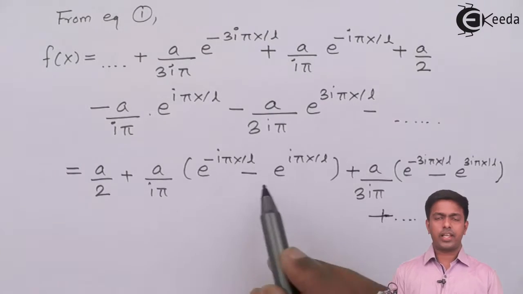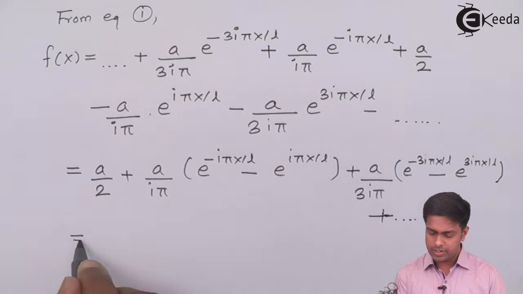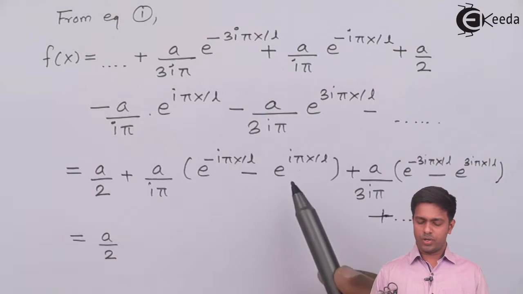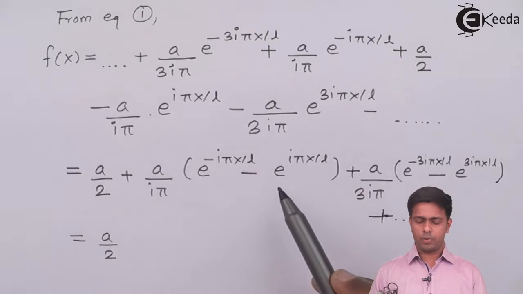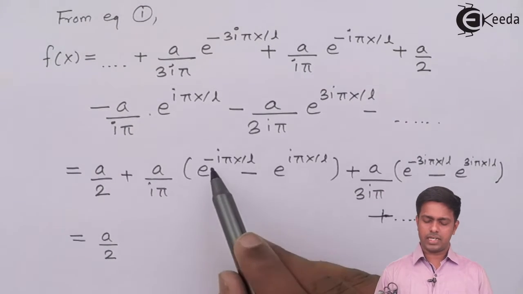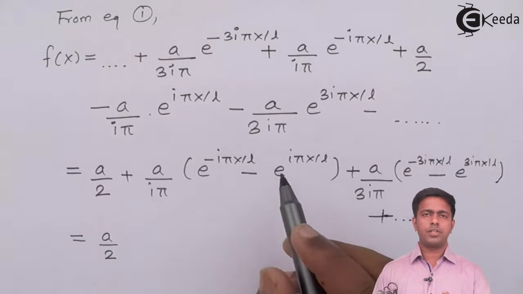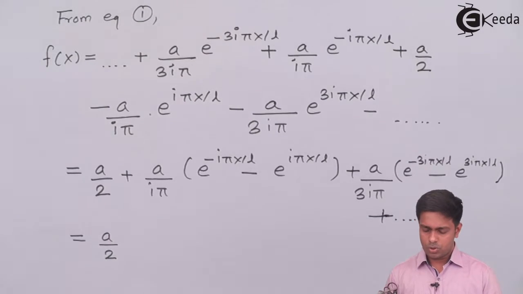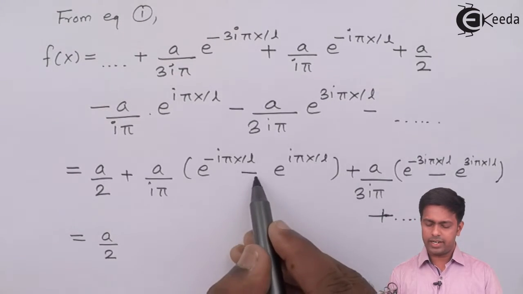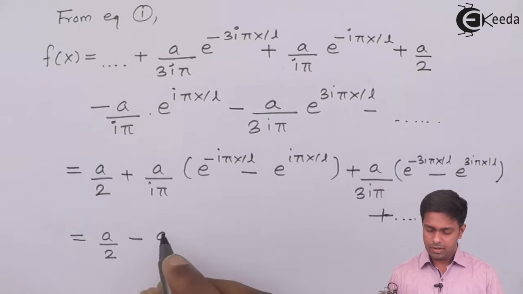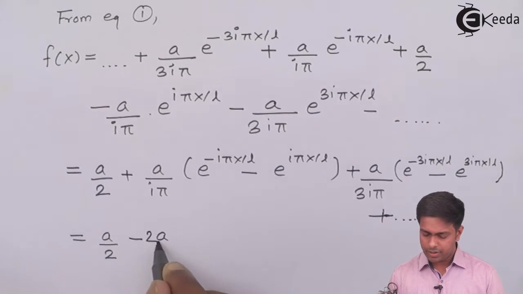Now guys, here we can use the formula. So what I'll do is a upon 2, I'll keep it as it is. Now if I want to apply the formula, what we have to do is bring 2i in the denominator, and we should get the positive power first and then the negative power, because that becomes the formula of sine. So for that I'll multiply and divide by 2, and I'll take the negative sign outside. If I take the negative sign outside, I'll get negative a, then I'm multiplying by 2, so 2 will be here and pi will be there.